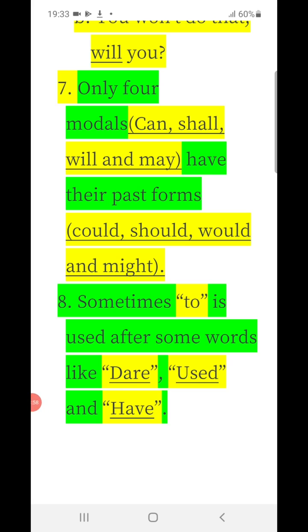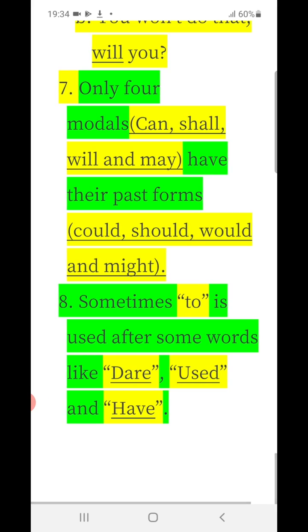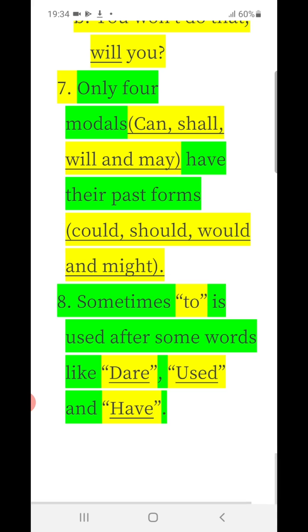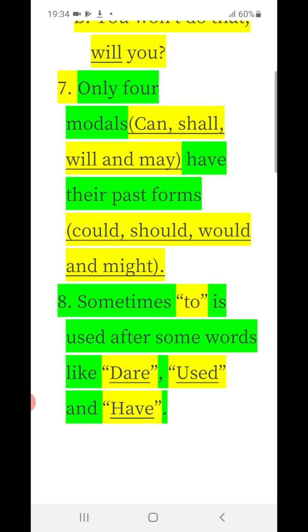Sometimes to is used after some words like dare, used, and have in number 8. So in number 8 we have this very point that sometimes to is also used after some words like dare, used, and have. Suppose dare to, used to, have to.